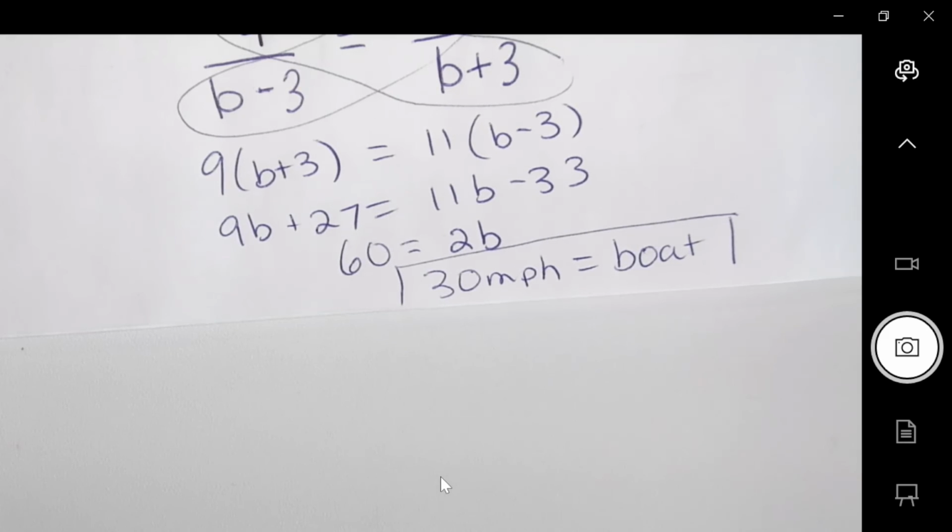So at the end, I got a 30-mile-per-hour boat speed when you were done working your algebra. See if you match mine.